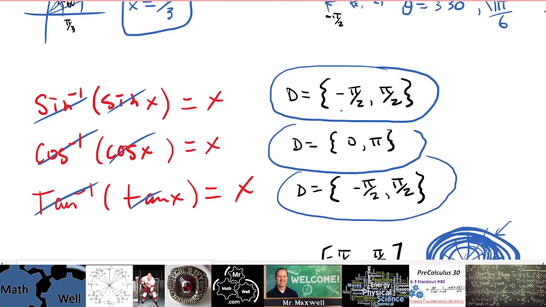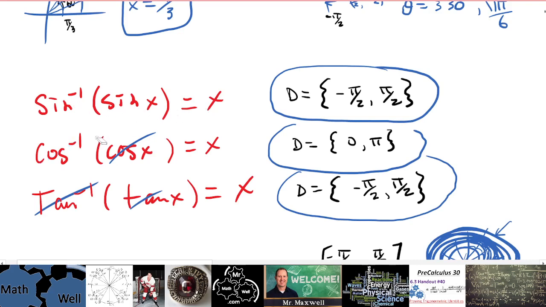Here's another thing that we learned, and there are going to be some questions in the next video where we work with this. A property of inverses is that when you take the inverse of a function, you yield back this value. So in the case of the sine function, the inverse sine of sine x is x.